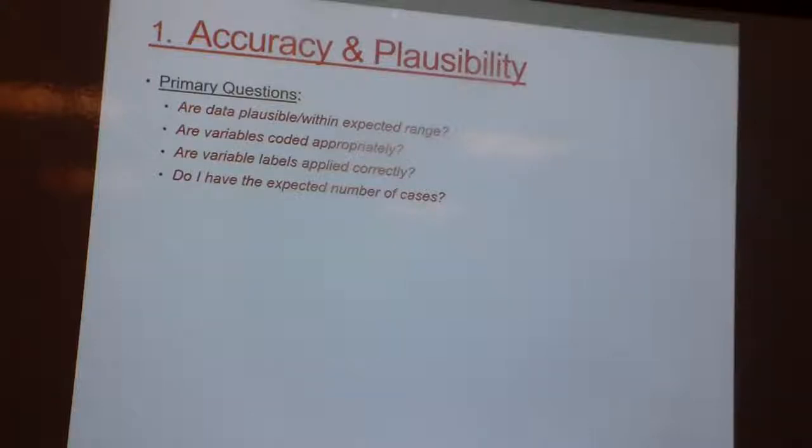A lot of this is going to be reviewed because we already talked about this last semester. Accuracy and plausibility, number one thing, we always want to look at our data, particularly if we have other people entering our data. The advent of online questionnaires and more digital entry helps with this, because if people can only choose 1, 2, 3, 4, or 5, they can't write in 7.